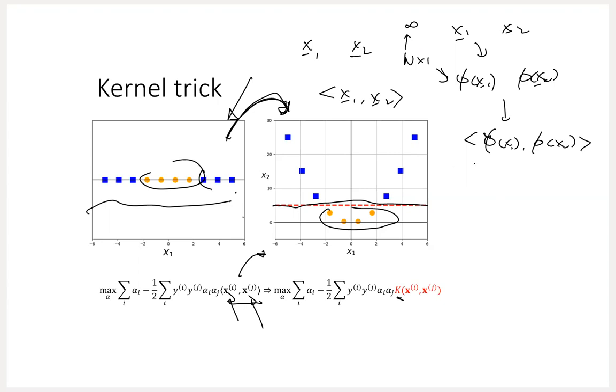But instead of going step by step like this, we just go directly from here to here, using a kernel to say that this inner product of phi(x1) and phi(x2) will be equal to k(x1, x2), where k is some kernel function.